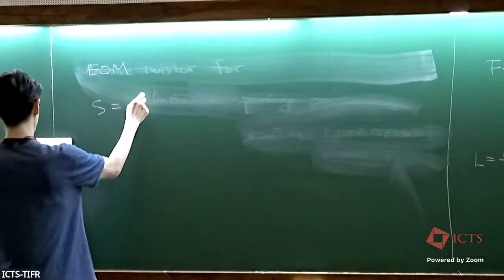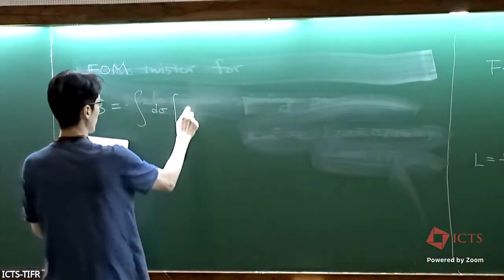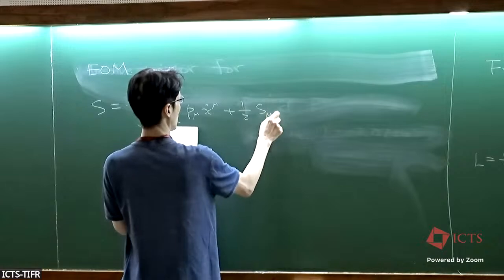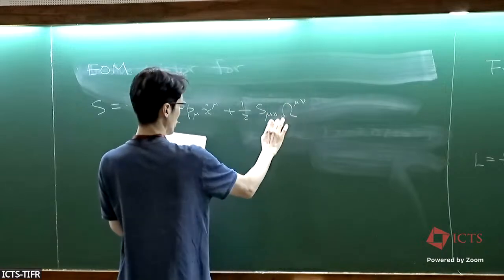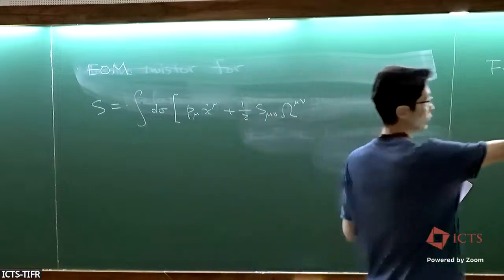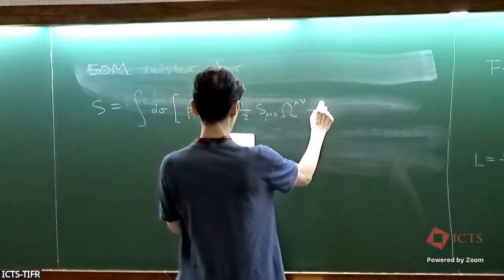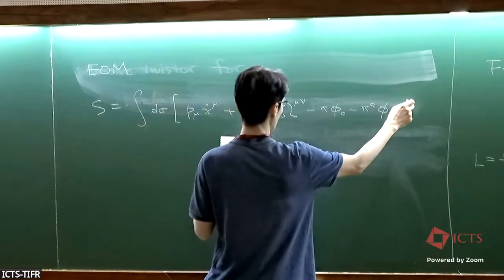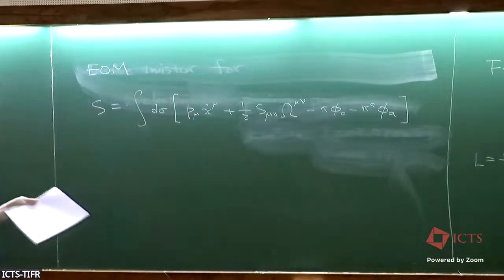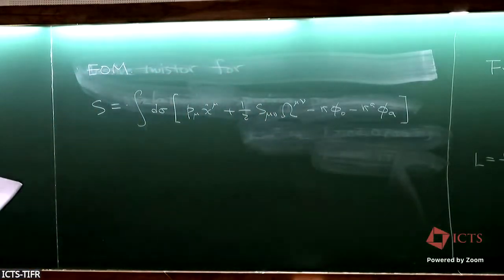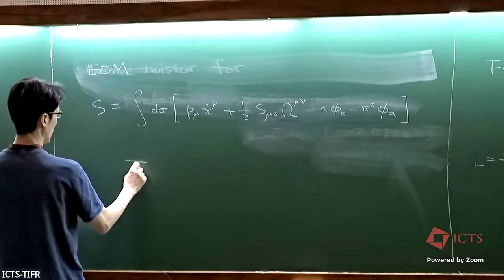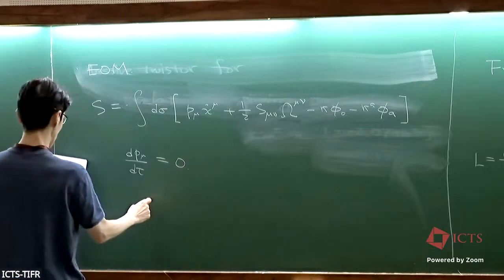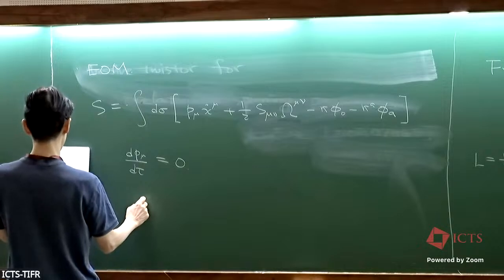Anyway, for the action in the first order formulation, this omega mu nu is the angular velocity of these frame vectors. And following Dirac, we put the gauge generator part of the constraints into the Lagrangian. And after working out some details, you do find the equation of motion.